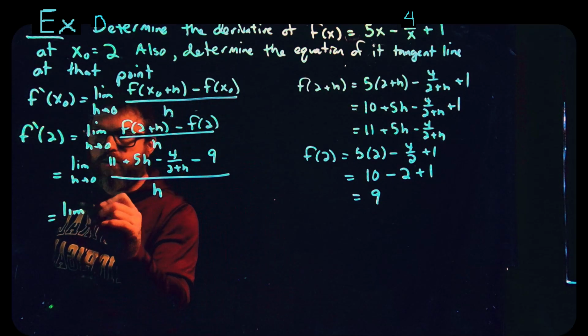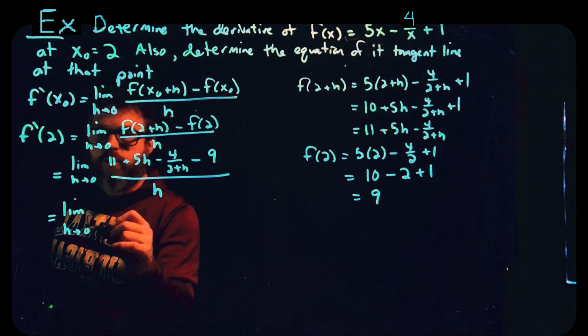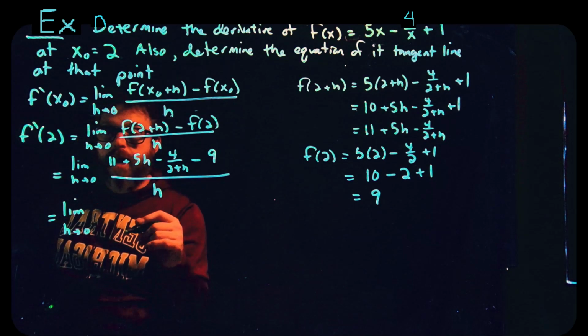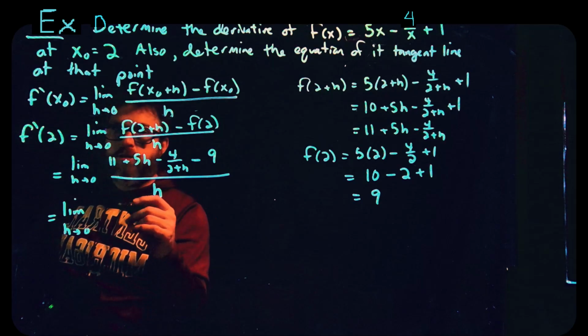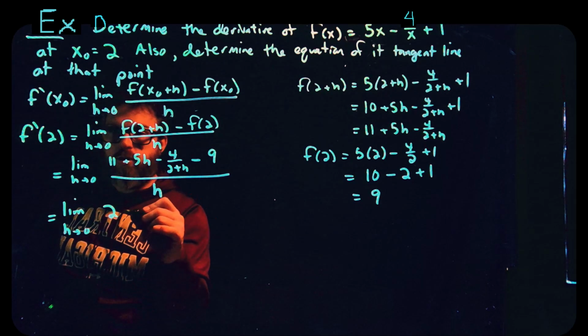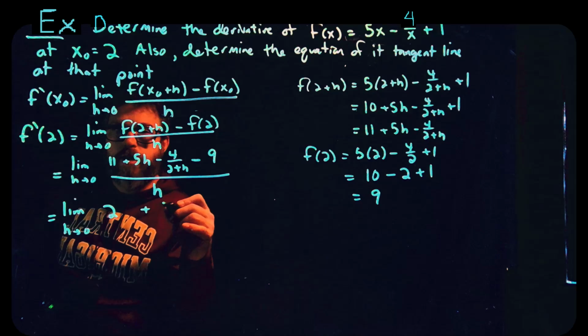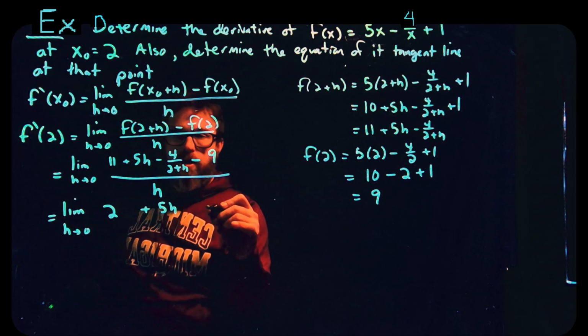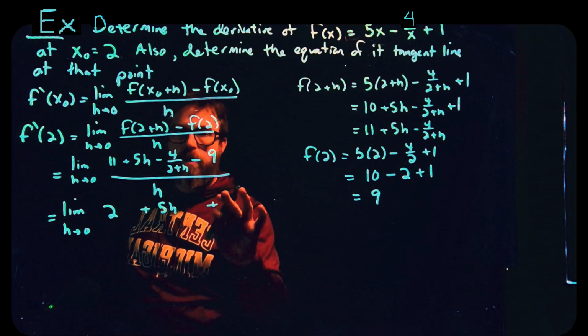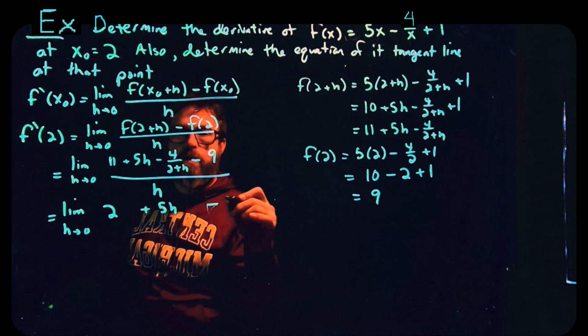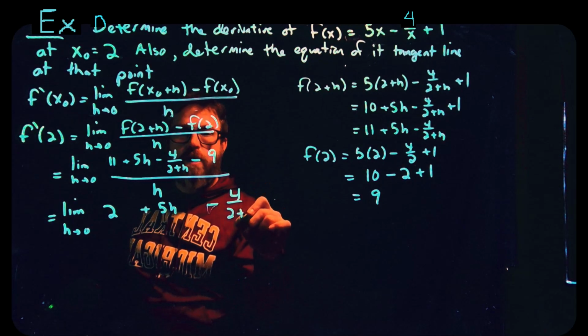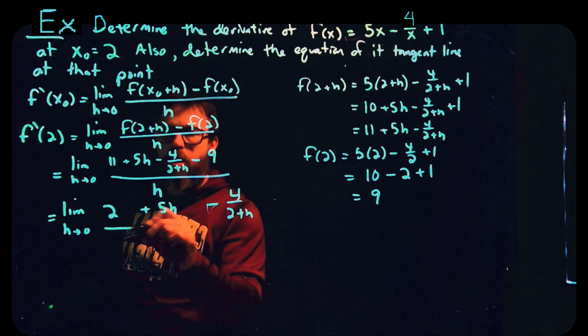And leave myself some room here, because when you have rationals, common denominators is how we're going to do this. So this is going to be 2 plus 5h minus this 4 over 2 plus h, and this is all over h.